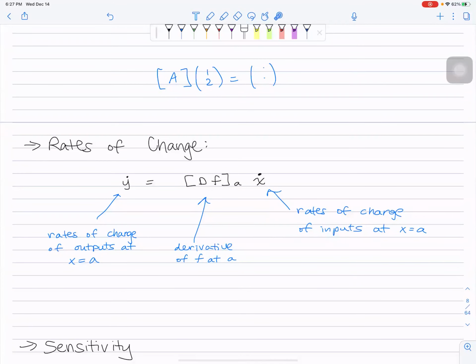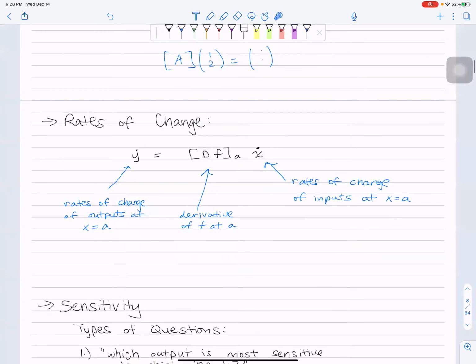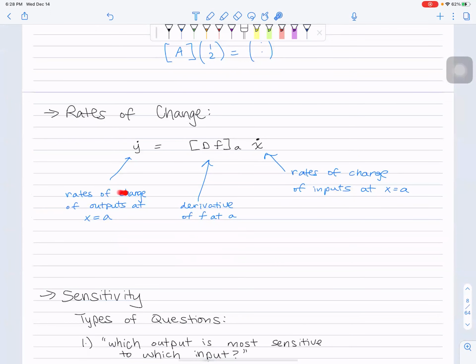For this derivative matrix, you now have a lot of different inputs and a lot of different outputs. And so we want to think of it more as rates of change. So the rates of change of each of your outputs is going to equal the derivative matrix times all the rates of change of inputs at some point A.